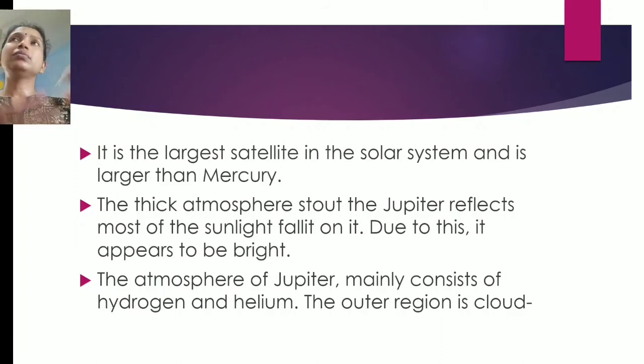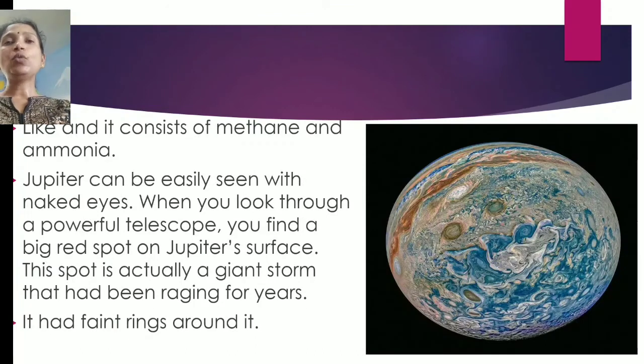Helium is an inert gas. The outer region is cloudy, and it consists of methane and ammonia. Jupiter can be easily seen with naked eyes, and when you look through a powerful telescope, you find a big red spot on Jupiter's surface.